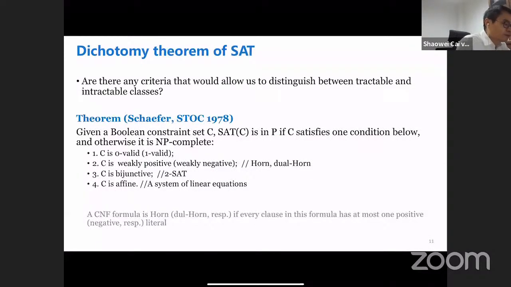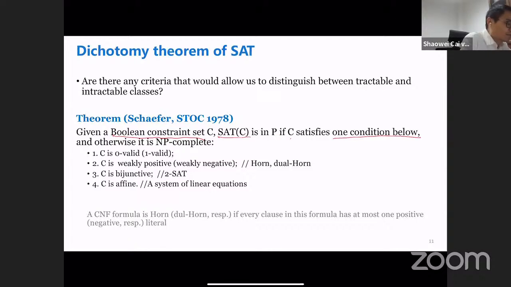Okay, now the theorem is like this. We have a Boolean constraint set. So this corresponds to a subclass of SAT, right? And this class is in P if it satisfies at least one condition below, and otherwise it is NP-complete.